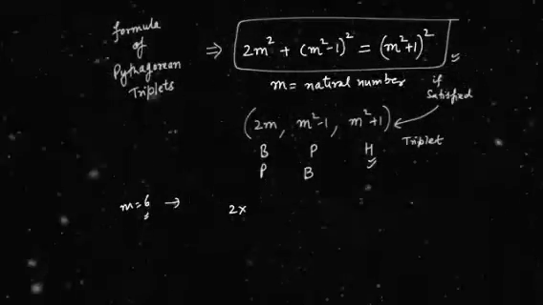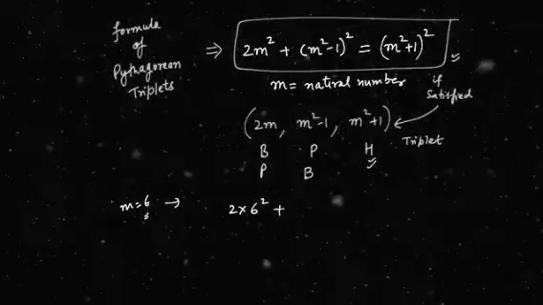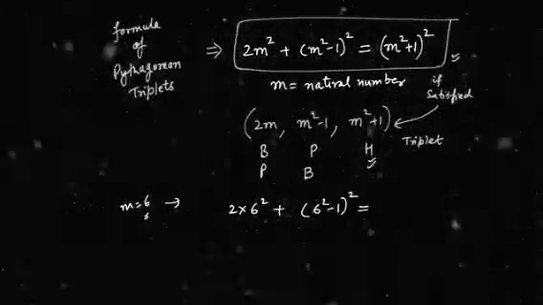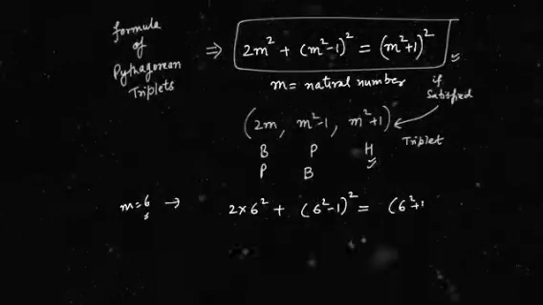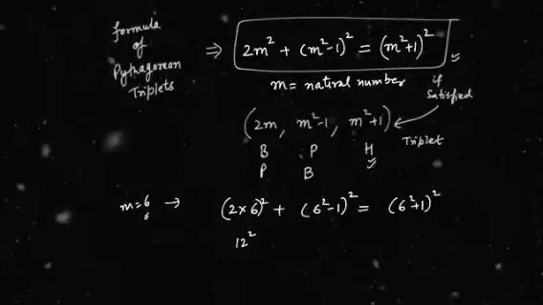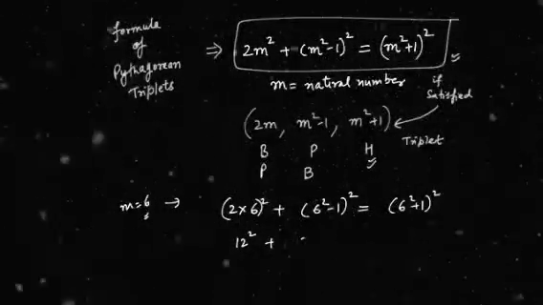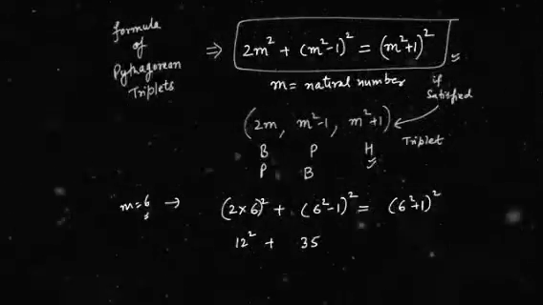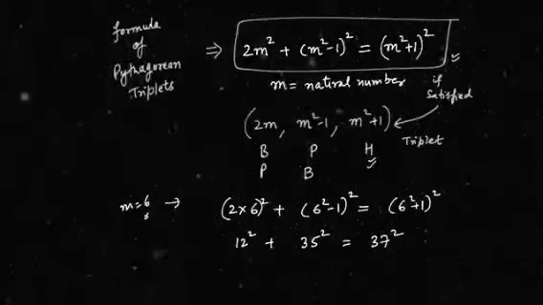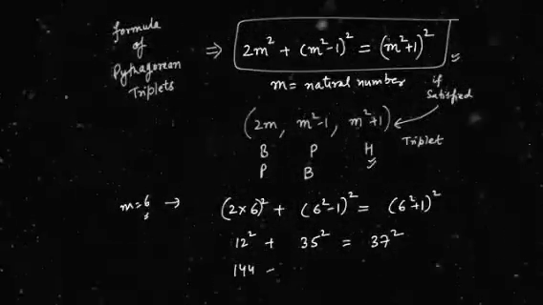Putting the value of m in the formula, we get (2m) whole square plus (6 square minus 1) whole square equal to (6 square plus 1) whole square. Clear? So 6 times 2 is 12 whole square. 6 times 6 is 36. 36 minus 1 is 35 whole square, equal to 36 plus 1, 37 whole square. Clear? Now 12 square is 144.